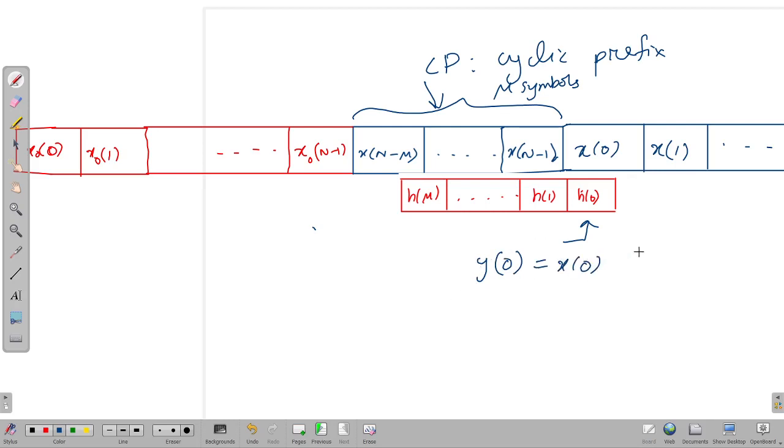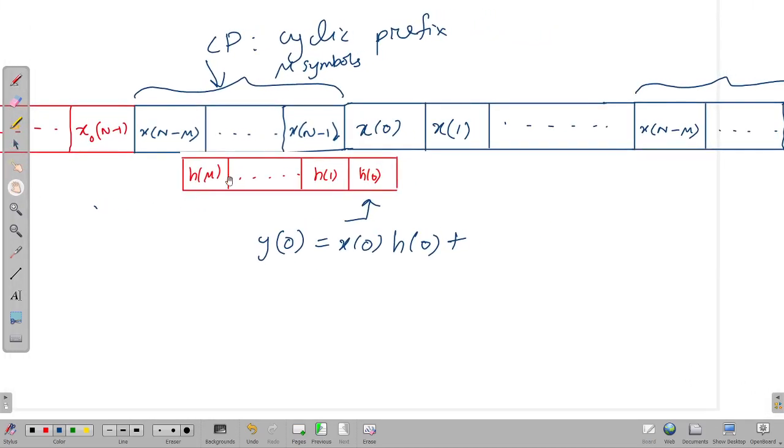x of 0 into h of 0 plus, maybe I will write that towards the right side.